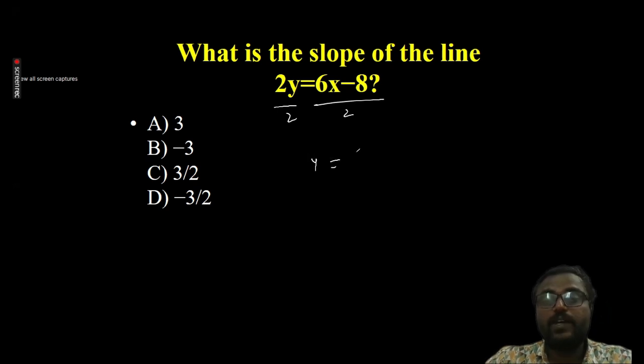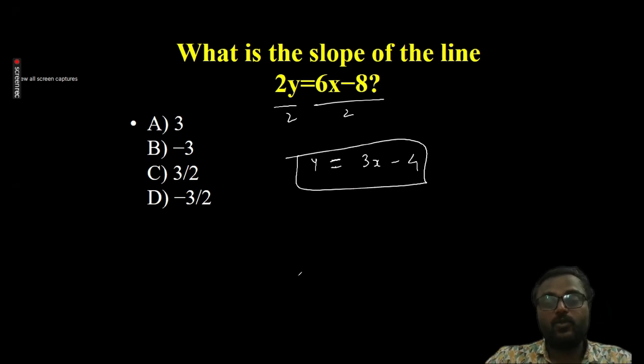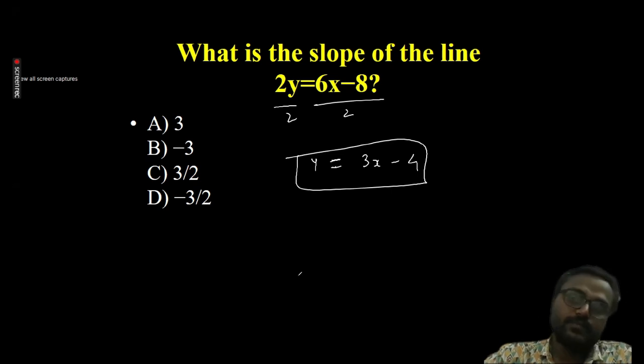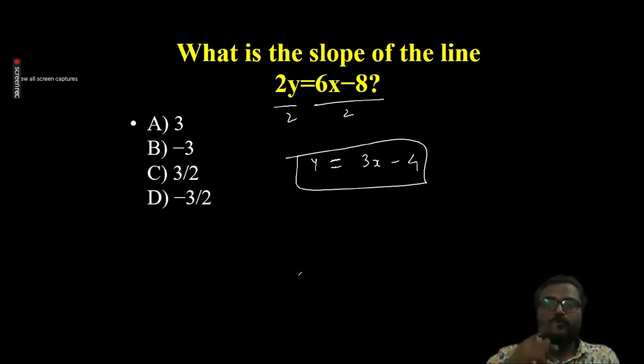What will you get then? y equals 3x minus 4. Get me the value of slope for this. Put the answer in the chat box.